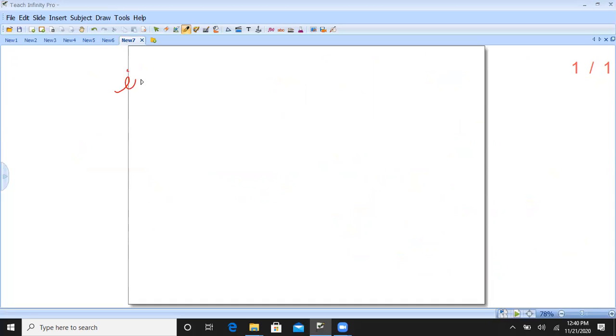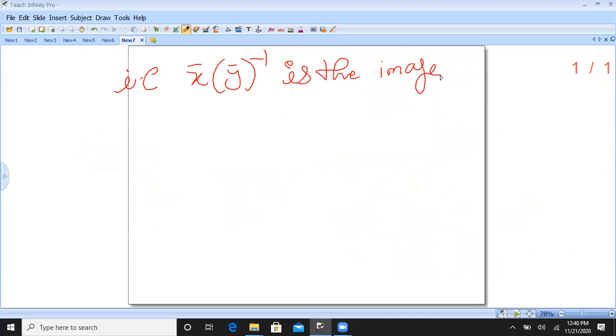So that is, x bar into y bar inverse is the image of x into y inverse under f.